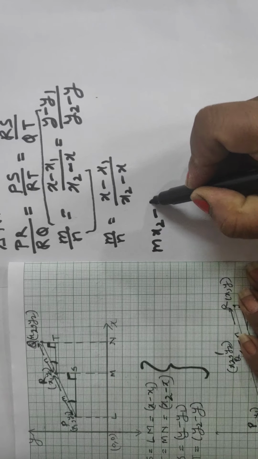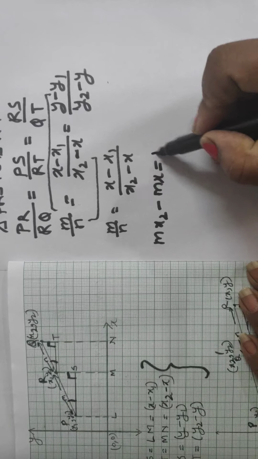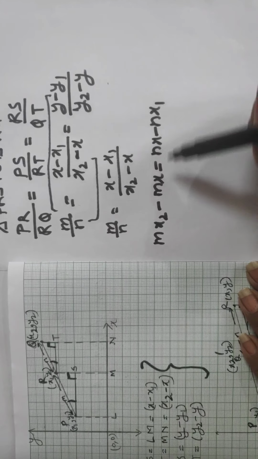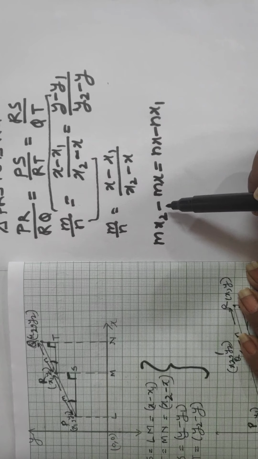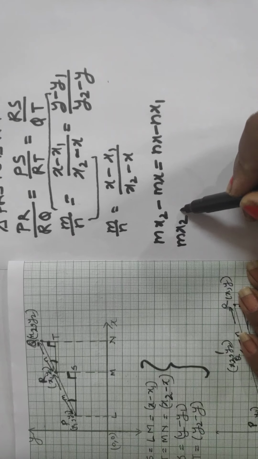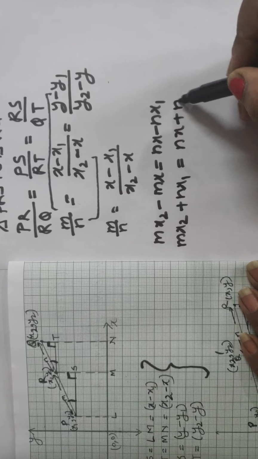mx2 minus mx is equal to nx minus nx1. So I am taking mx2 and nx1 to this side and mx to the right hand side. So mx2 plus nx1 is equal to nx plus mx.